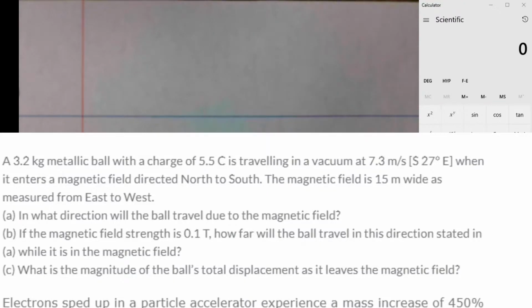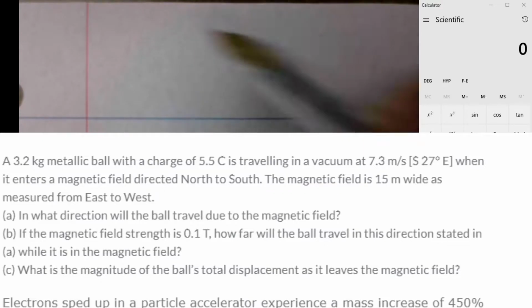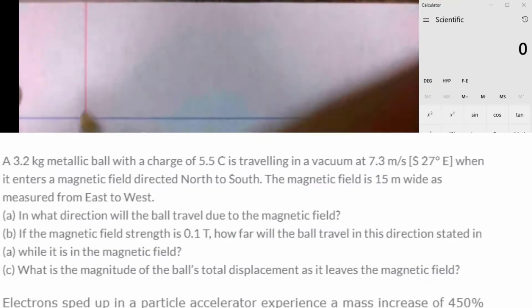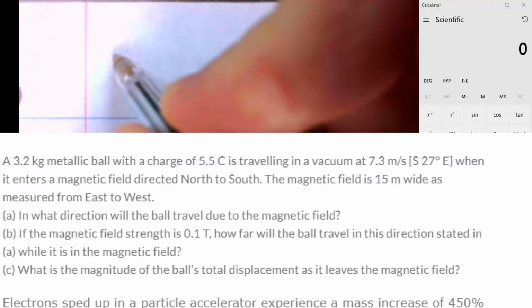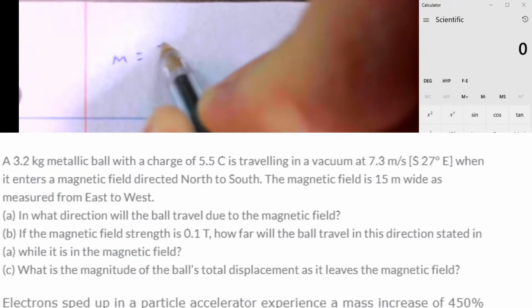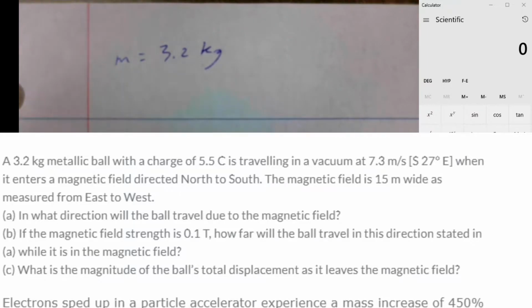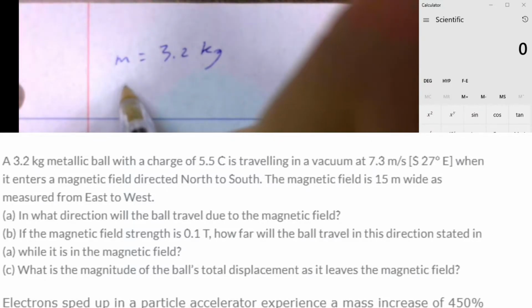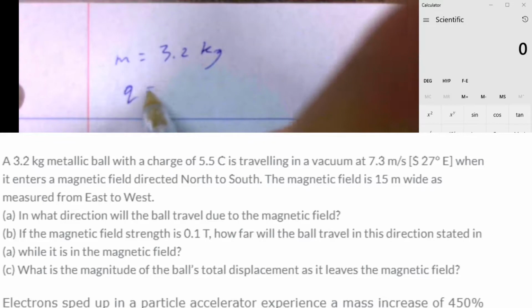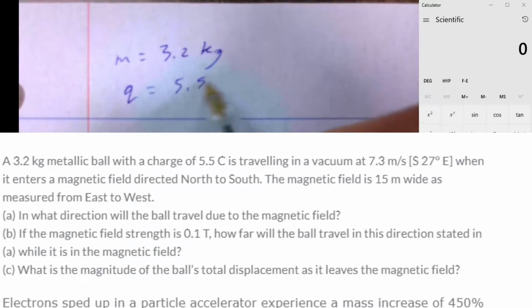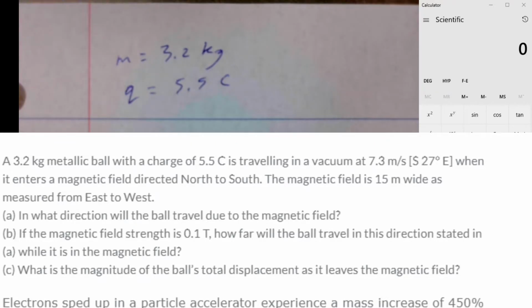The first thing to do when you're approaching a problem like this, just as you approach many problems, is to write down what our given information is. We know that this is a 3.2 kilogram metallic ball. We know the charge of the ball is 5.5 C, so that's a really large charge.